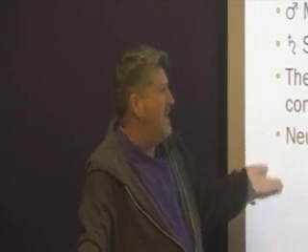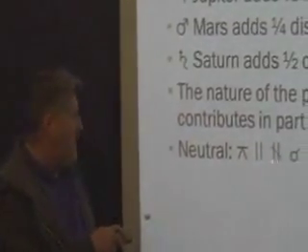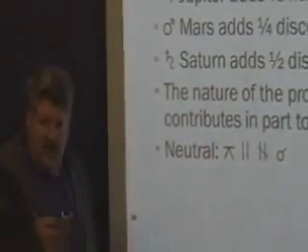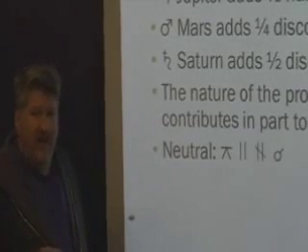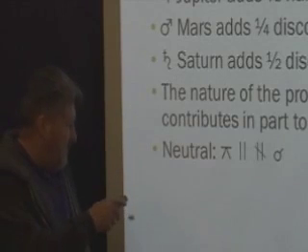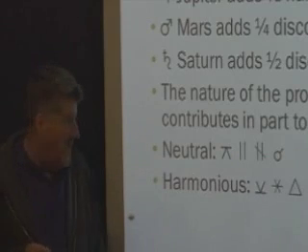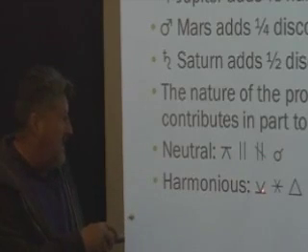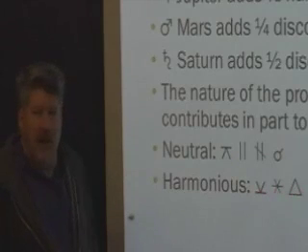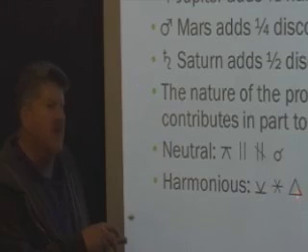So we have aspects which are neutral. The inconjunct, the parallels, the conjunction is neutral. They have varying degrees of power, from very mild to very powerful. There are harmonious aspects, which are the semi-sextile, the sextile, the trine, from mild harmony to moderate harmony to great harmony.